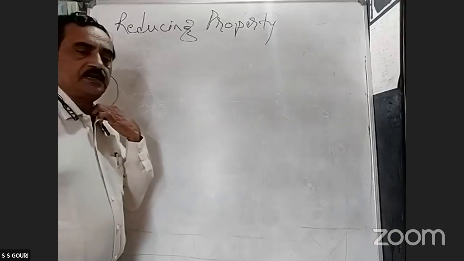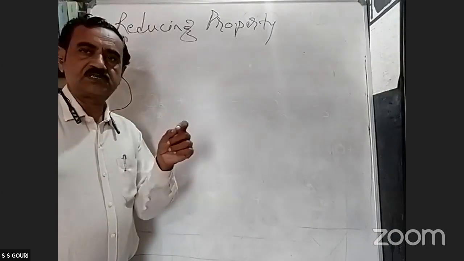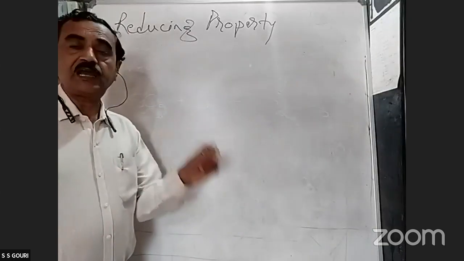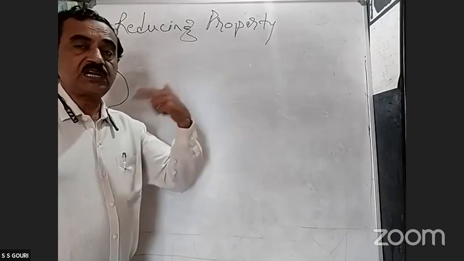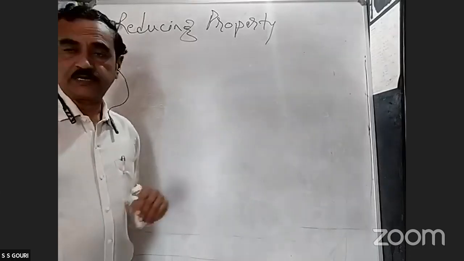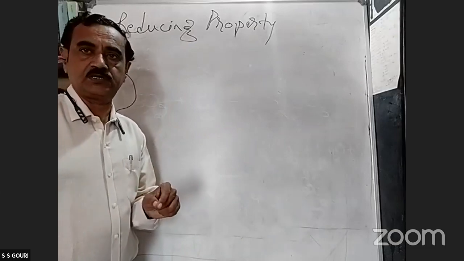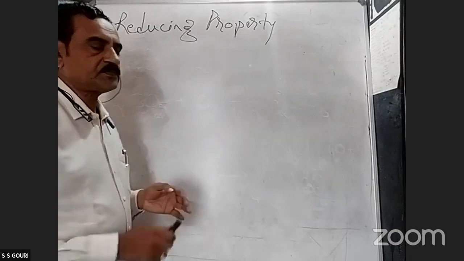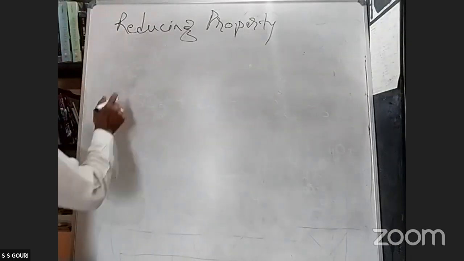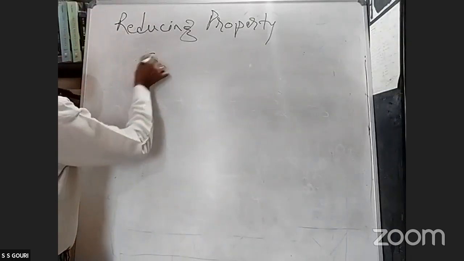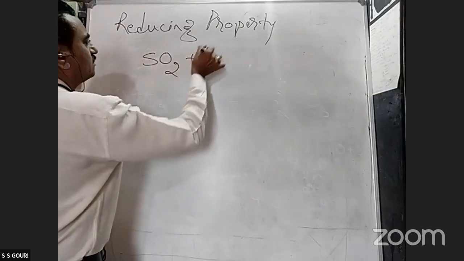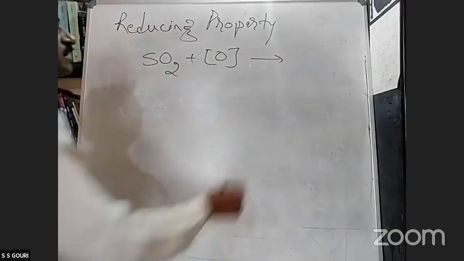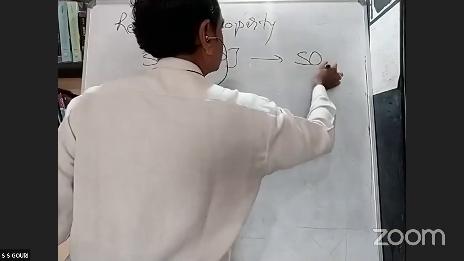A reducing agent helps some substance to get reduced. To help reduce, it itself has to be oxidized. It has to undergo oxidation in order to act as a reducing agent. Well, sulfur dioxide is a reducing agent. How is sulfur dioxide a reducing agent? We can say that SO2 can take oxygen and undergo oxidation to SO3.